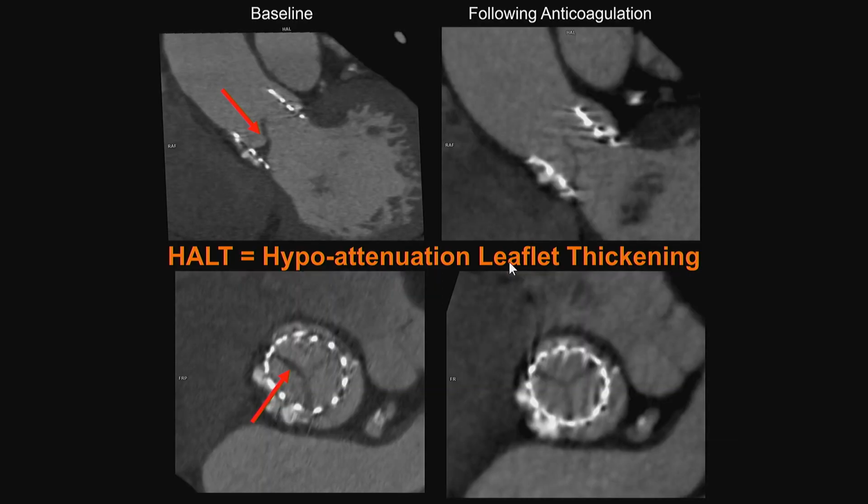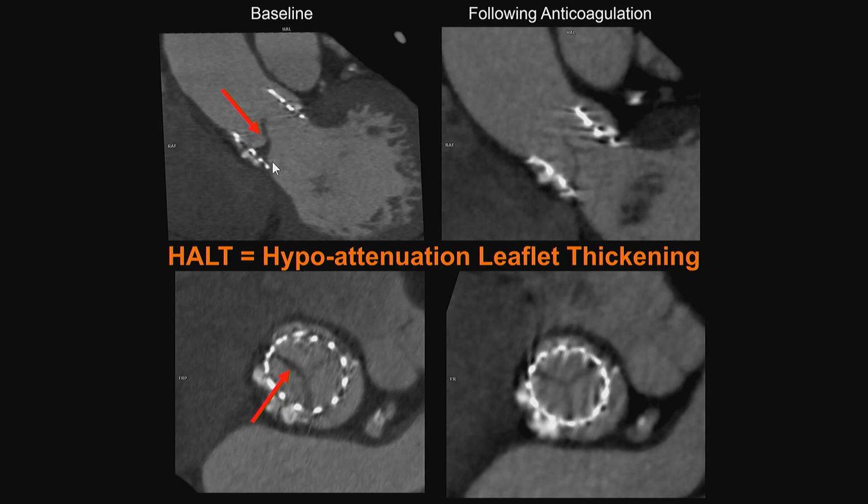As we're putting more and more of these valves, specifically in this example, TAVR valves, we have learned that CT is also useful for identifying this entity known as HALT, hypoattenuation leaflet thickening, which we have come to realize represents, in many cases, subclinical thrombus.